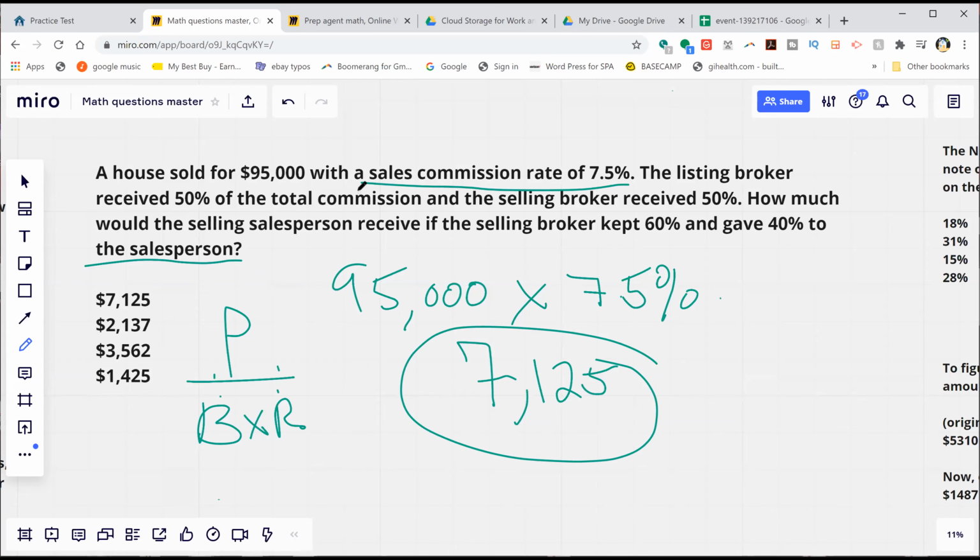So that is the gross. Now, here's what it says. The listing broker and the selling broker both receive 50%. So we have to split that in half. So what's 50% of that?